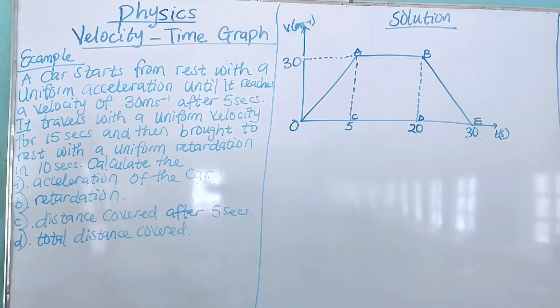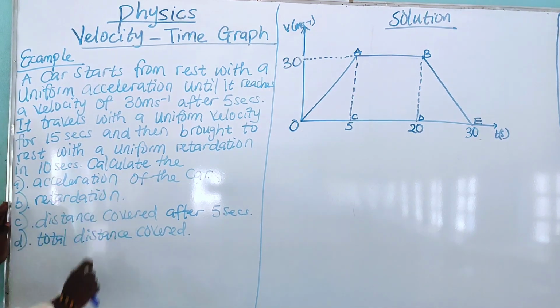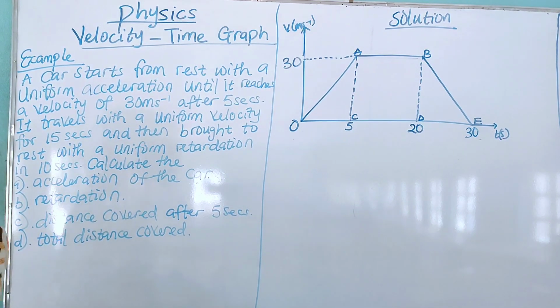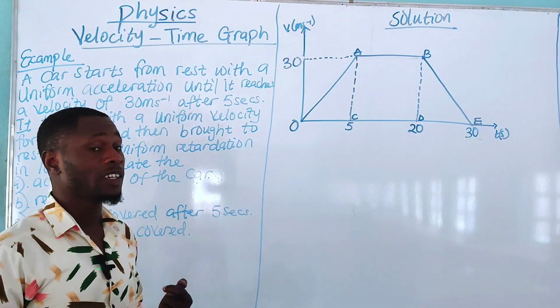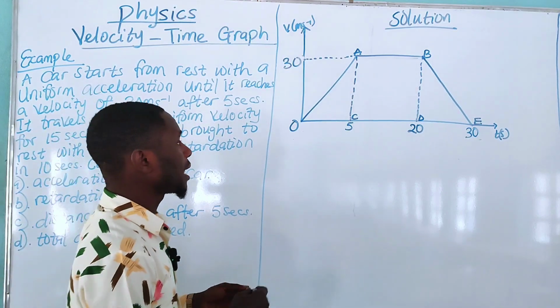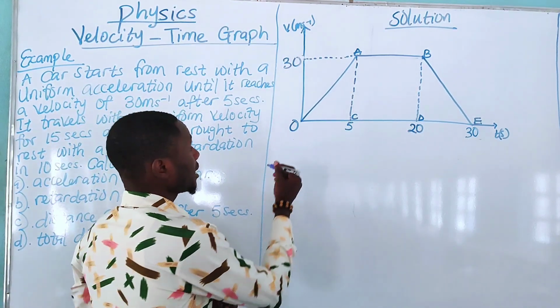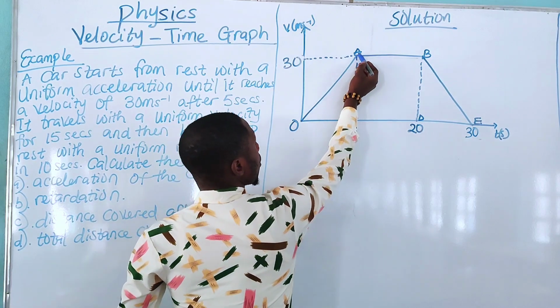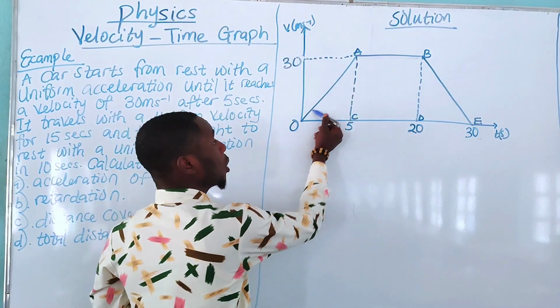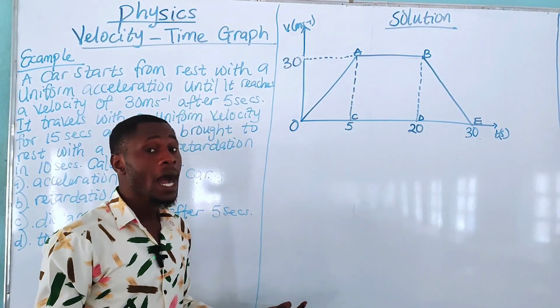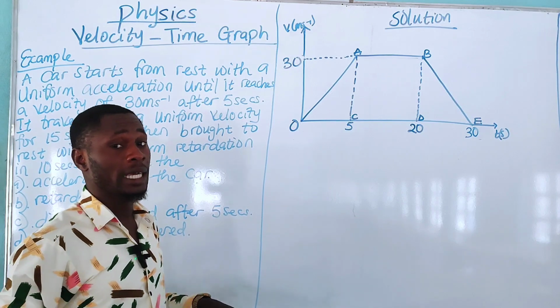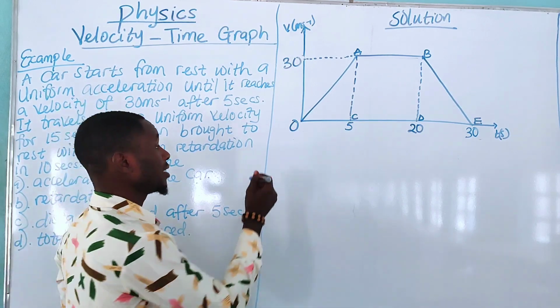So we are asked to calculate the acceleration of the car. How do we obtain the acceleration of the car? Of course, we know that the acceleration of the car is the gradient of line OA, because it is only along OA that the body was accelerating. So that is where we'll get our acceleration.